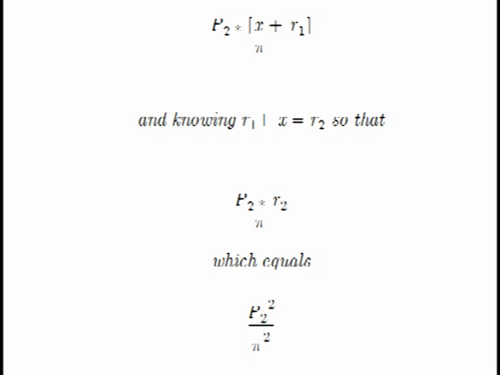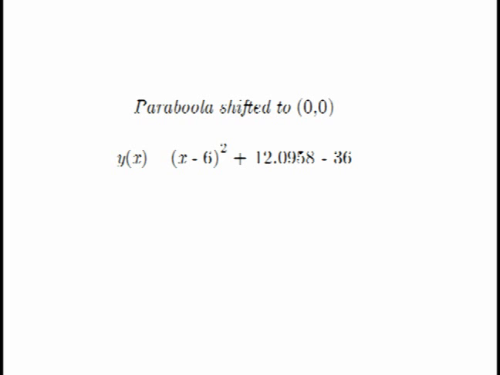You have to put them in there so that p2 squared divided by pi squared is like you'd square 19 and divide it by pi squared, and you would square 23 and divide it by pi squared. Then you might see a pattern. Also, the parabola is shifted, so I'm using relative values from its origin. But I have to move that origin to 0, 0 to make the calculations easier.